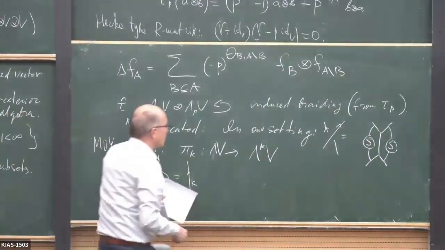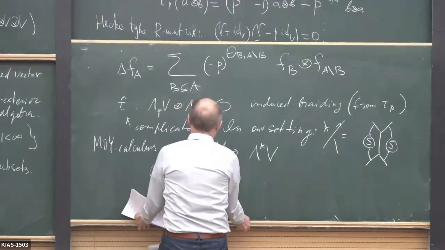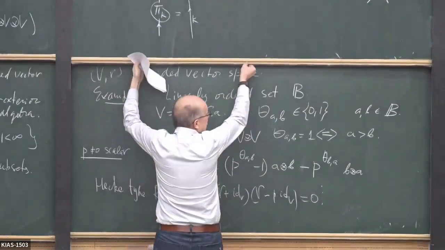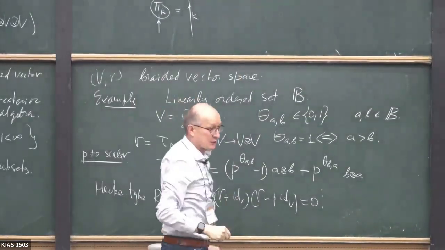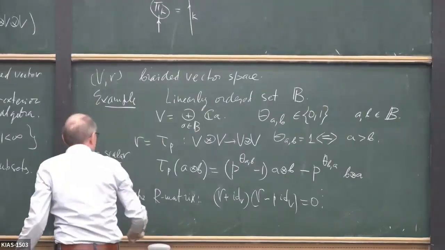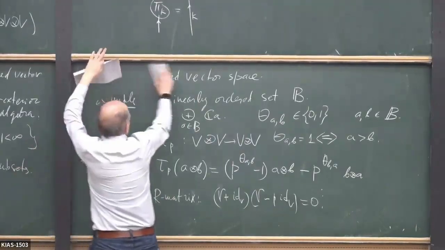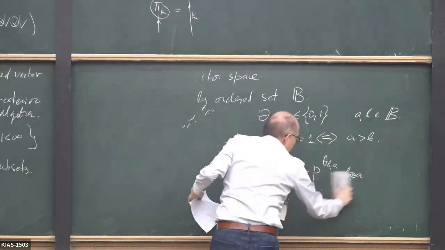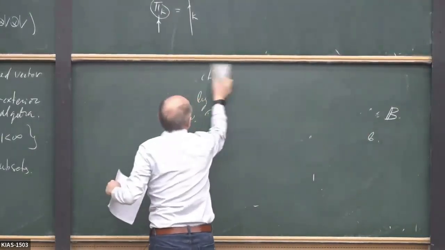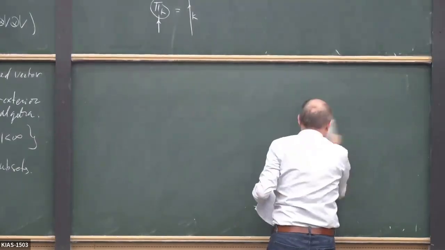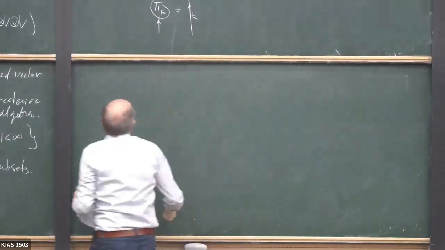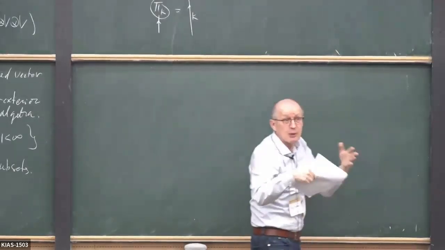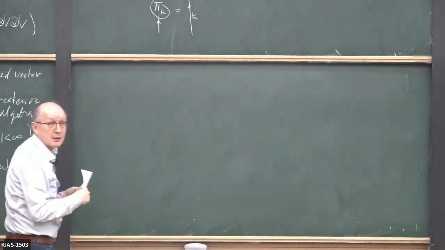Okay, and with this MOY-calculus, then we can write a first formula for the braiding. As I said, it is a complicated object, and the MOY-calculus helps to simplify the structure. So we use this formula and just simplify it using MOY-calculus.